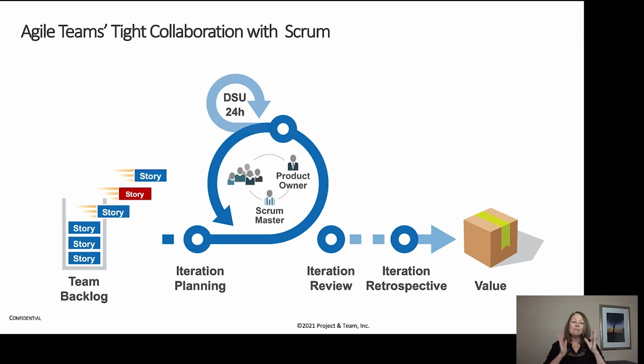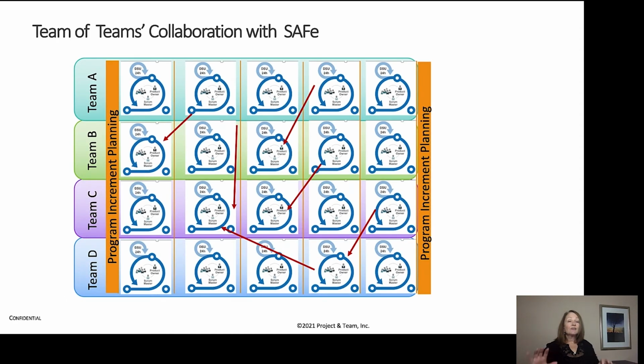Now, most of the systems in the world require more than one small Agile team to deliver the value. And for that reason, we have some ways that we can scale these Agile principles and practices.